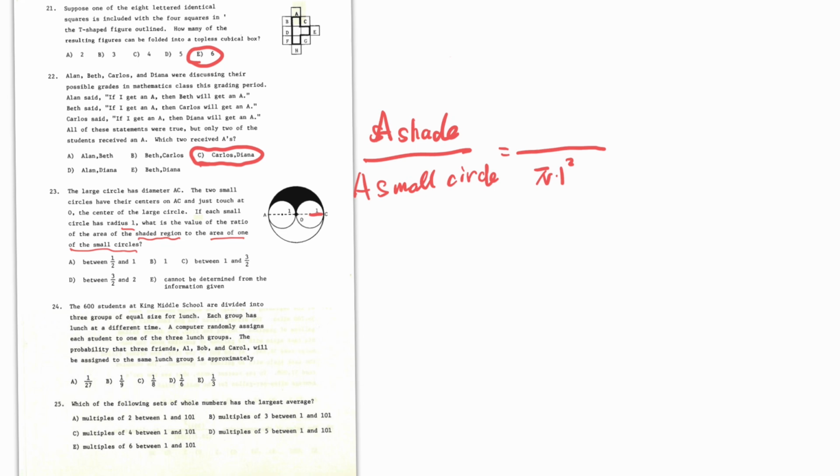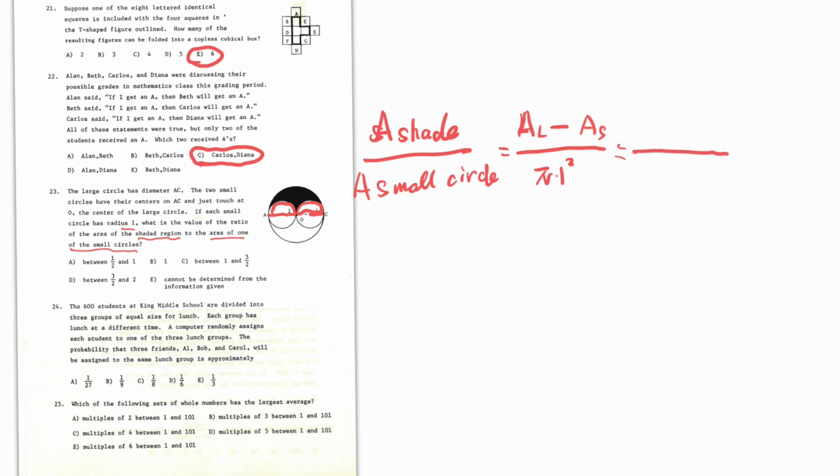And the shaded area equals the large circle area minus the 2/2 white circle. And the 2/2 white circle is one full smaller circle, so minus the area of one smaller circle.